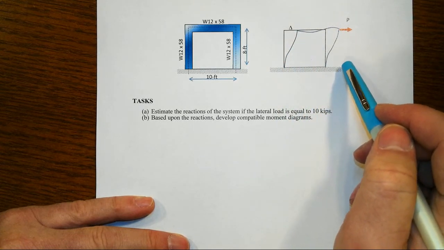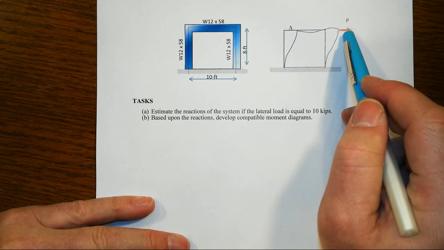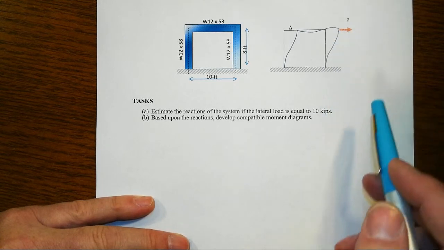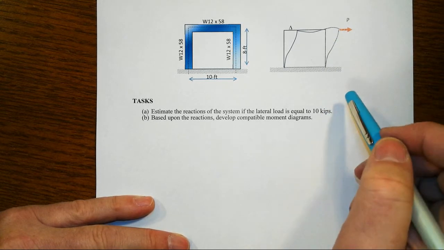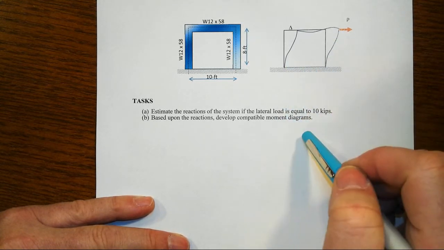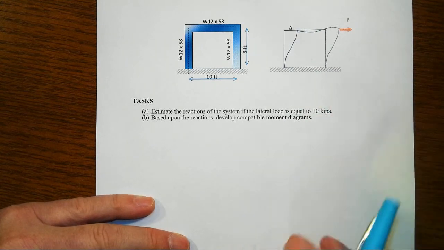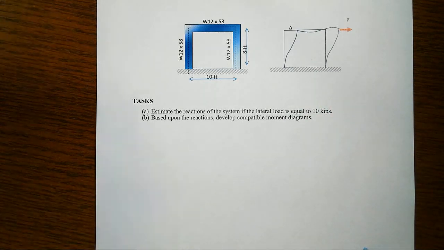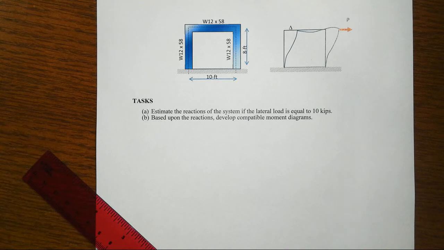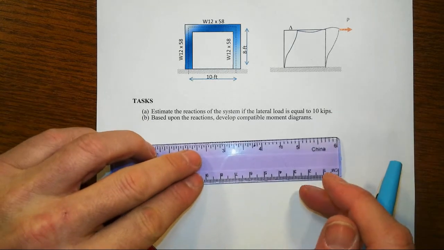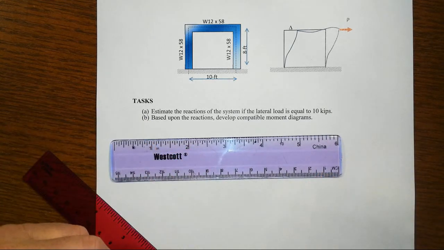Right now we're going to focus on what the strength demands might be if this lateral load were 10 kips, that tributary load coming into this particular frame, right? And we're going to take an approach with the portal method that is an approximate method, that if we guess the right things, then yes, we would end up with something exact.